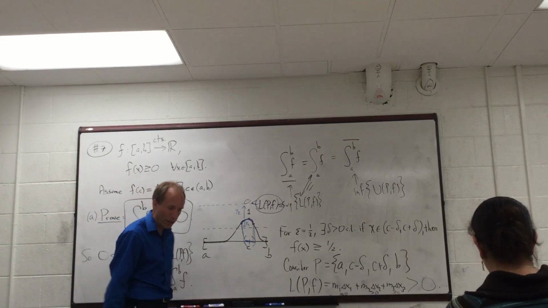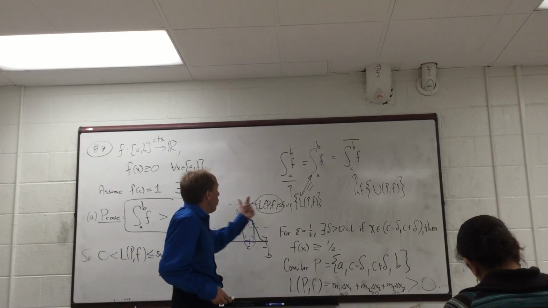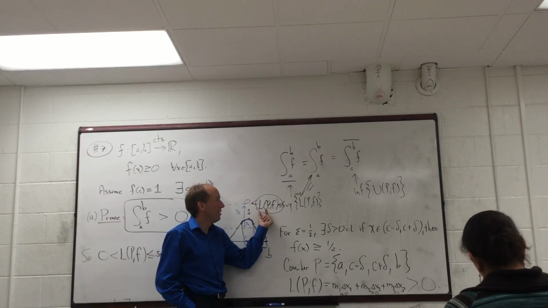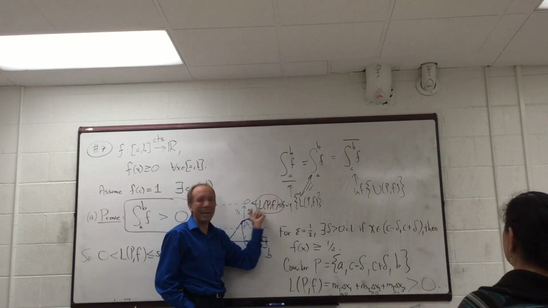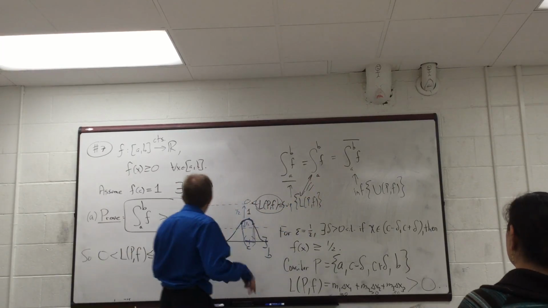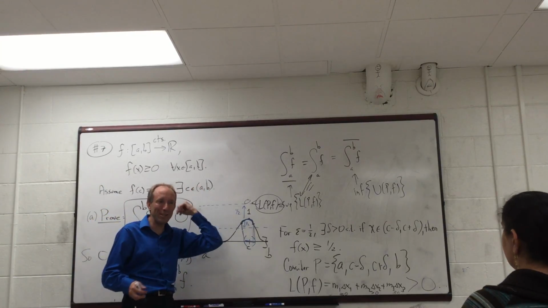Wonderful little argument there. So the idea is to show that one specific L(P,f) is positive, then the integral has to be greater than or equal to that. So you're working with the L's here, not the U's. Now you can imagine a test question after you see this one.